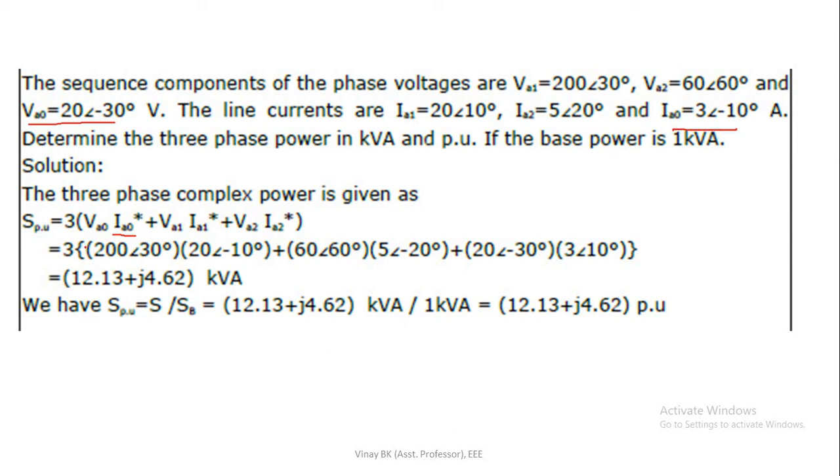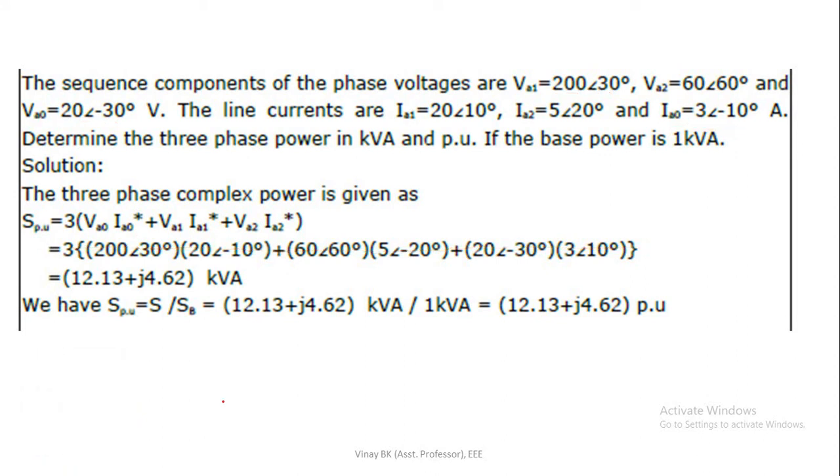I'll just strike out here and substitute the values that are given. 3 into 20 at an angle of minus 30 degrees into the conjugate, 3 at an angle of 10 degrees, plus VA1, which is 200 at an angle of 30 degrees, into IA1, which is 20 at an angle of minus 10 degrees.